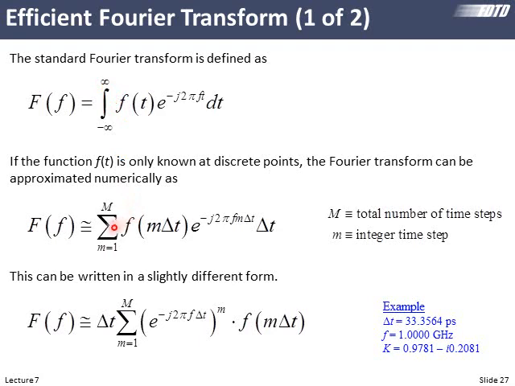Then what we want to do is rearrange things. We don't want to keep multiplying by dt, for example, because this does not change. So this can come to the outside of the summation. Likewise, exponentials are rather slow to calculate. So what we can do is factor out the delta t term, the m term, and what we're left with is this exponential raised to the m power. We can calculate this exponential ahead of time.